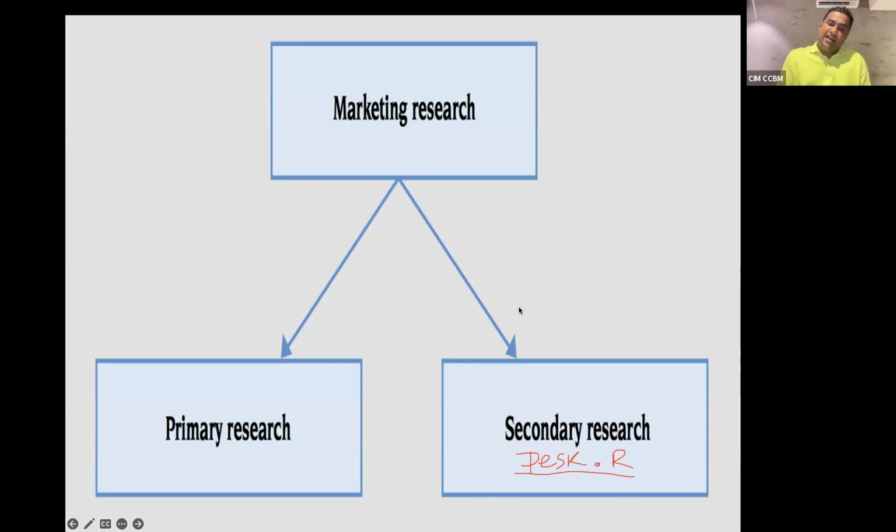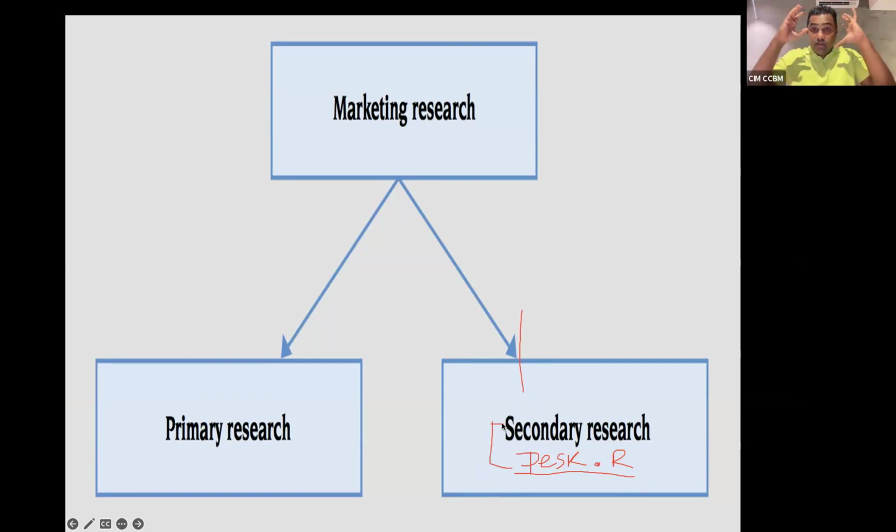So secondary data is the data that you already have. I'm defining secondary research or desk research. This is the data that you already have in your possession. The data that you already have, you don't need to go and gather new data using a new questionnaire.